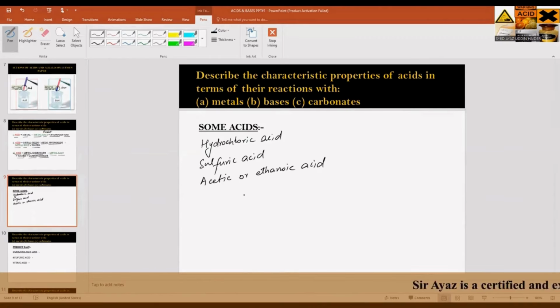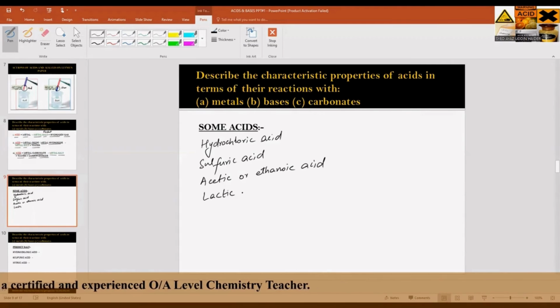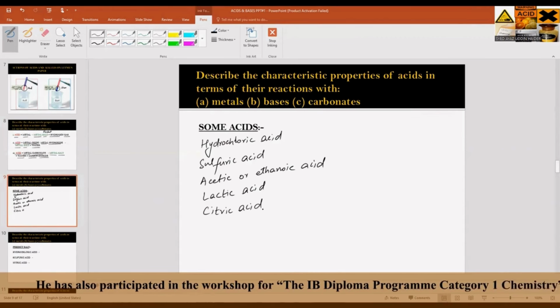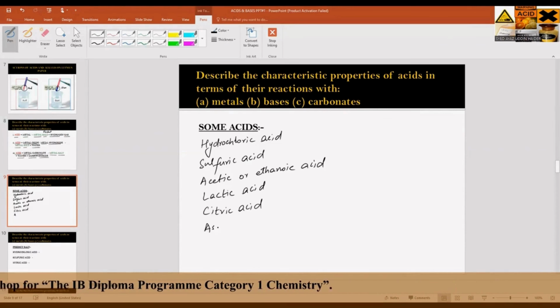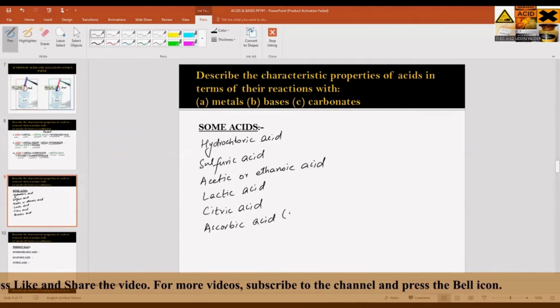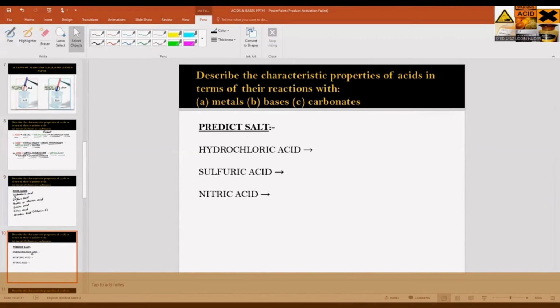When milk turns sour, it converts into lactic acid. Fruits contain acid like citric acid, ascorbic acid. Remember, I just said that ascorbic acid is also vitamin C. And there are many other examples of acids.